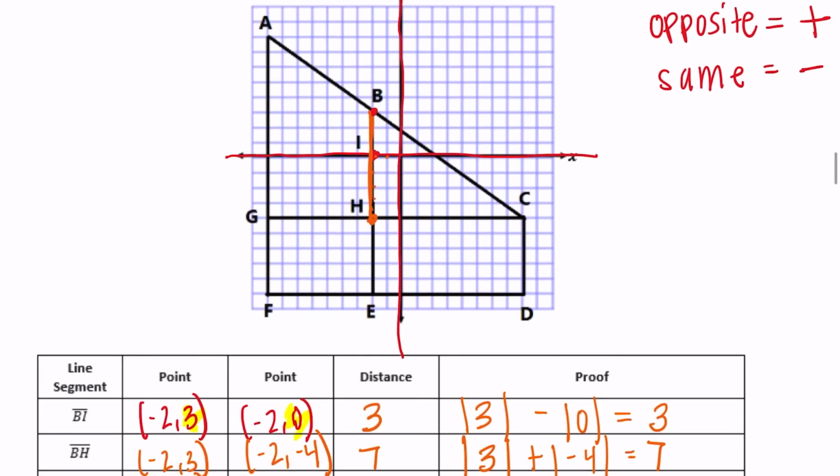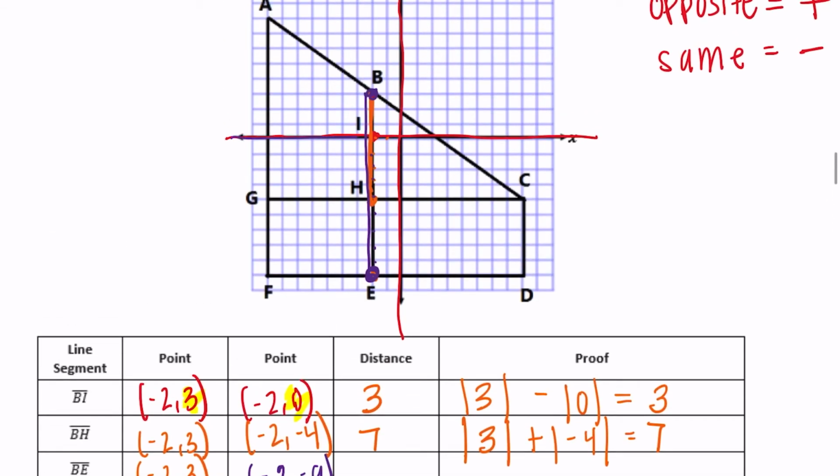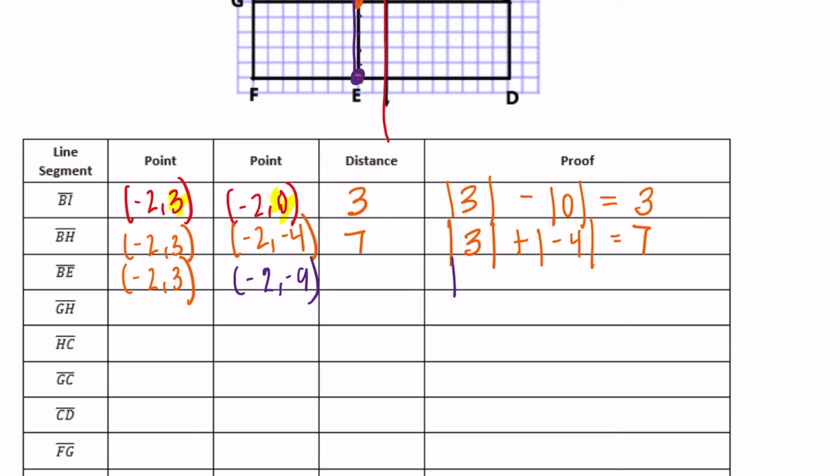E is down here. We're doing B, E. E is located at -2, -9. And B and E are on opposite sides of 0. There's 0. They're on opposite sides, which means we're adding. So absolute value of 3 plus absolute value of -9. 3 plus 9 is 12. So their distance is 12.